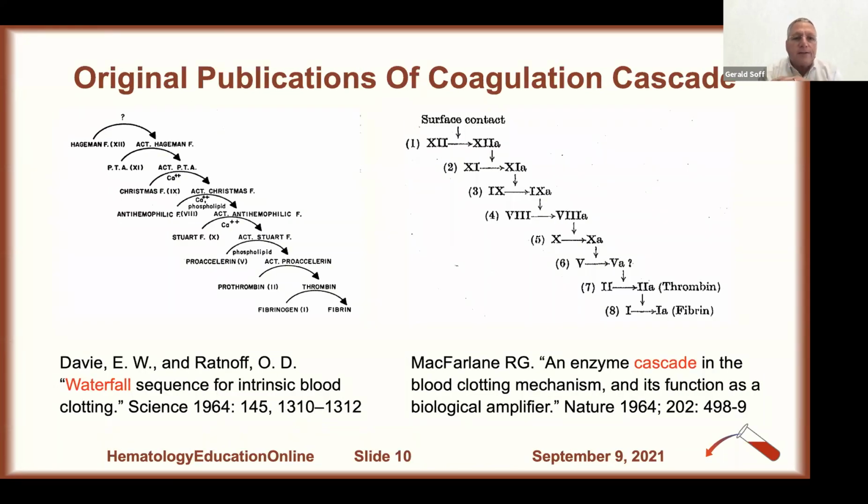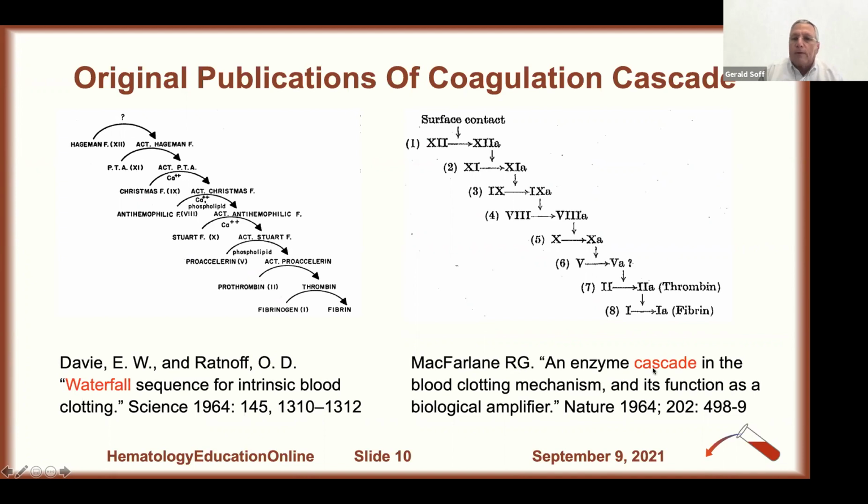And in 1964, two seminal papers came out, basically both showing the origin of the coagulation cascade and the ordering of the factors. And both of them were very similar. They both showed, factor to factor to factor, one would activate the next, would activate the next, and you have this linear process. Earl Davie and Oscar Ratnoff called it a waterfall sequence.